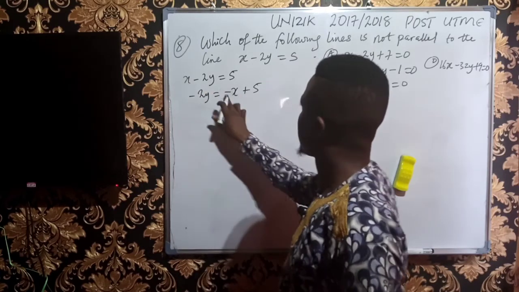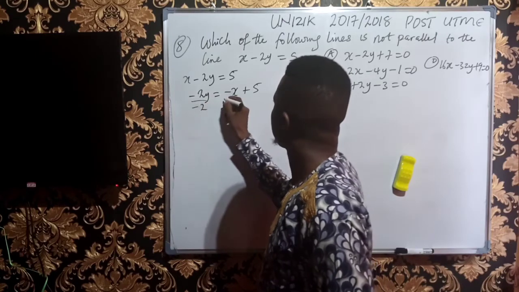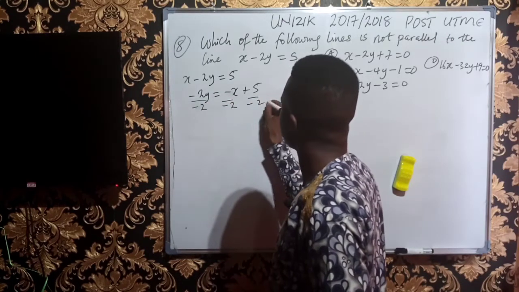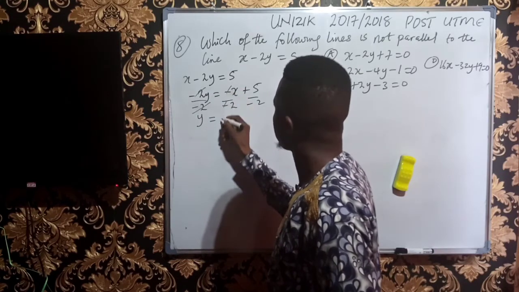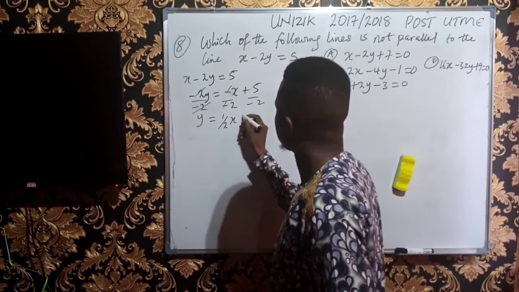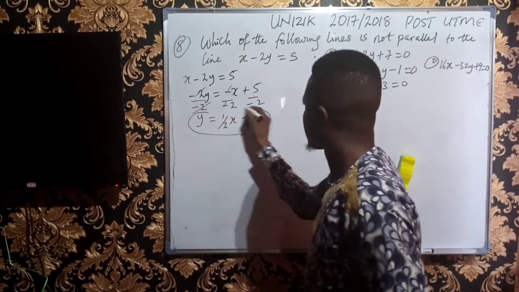I moved x to this side, it changes to negative. So I'll divide everything by negative 2. This cancels out, so y is now minus half x minus 5 over 2. This is for the given equation.